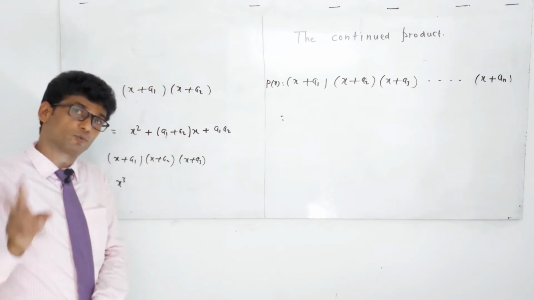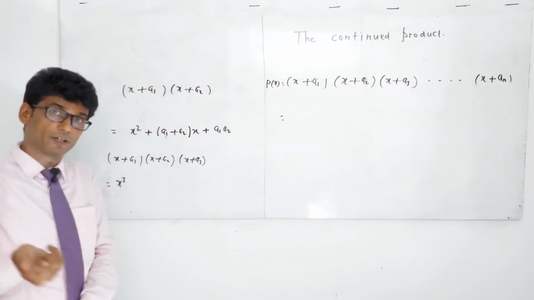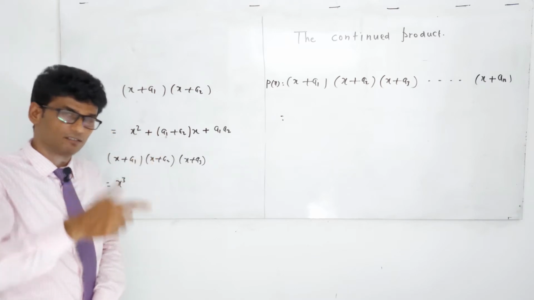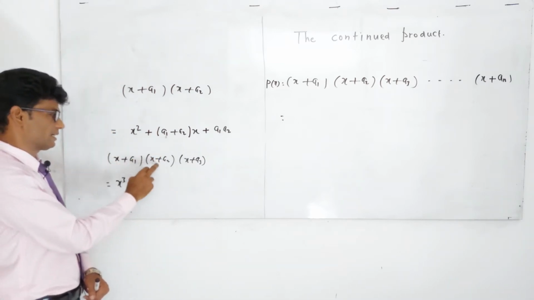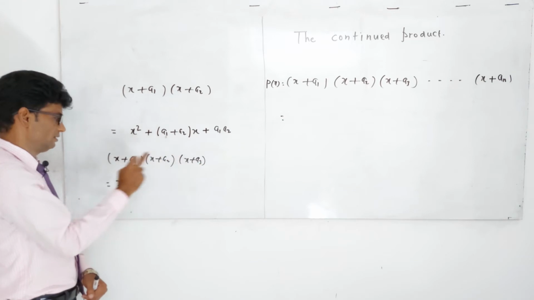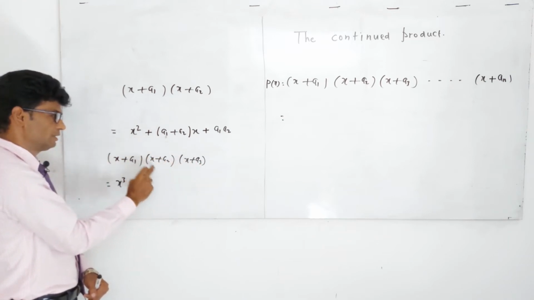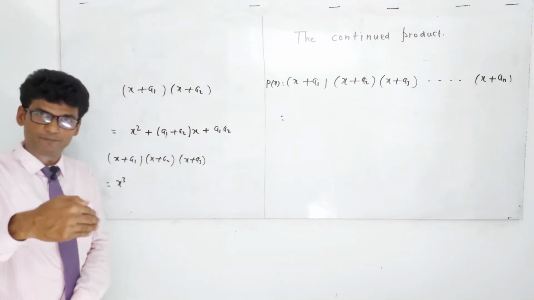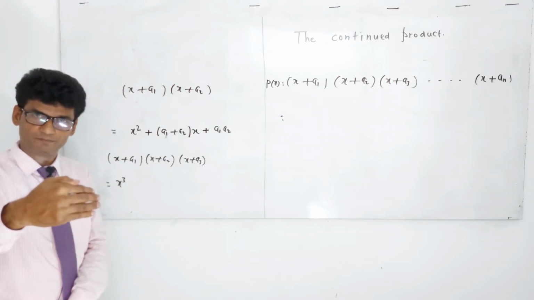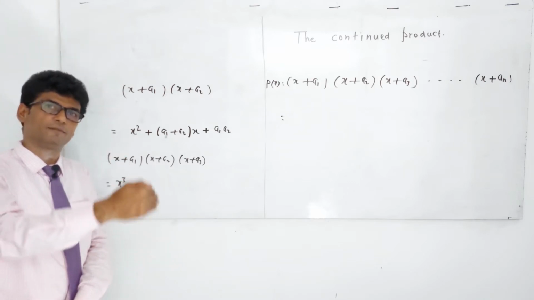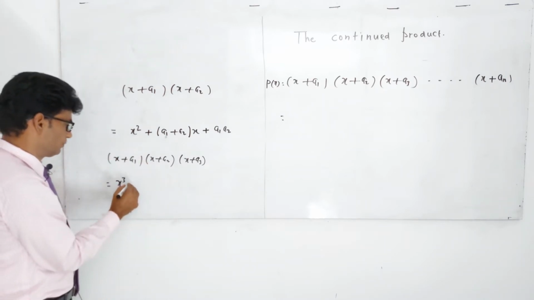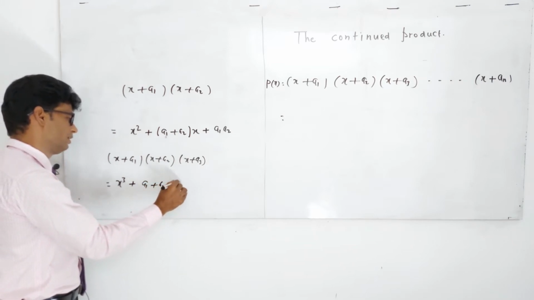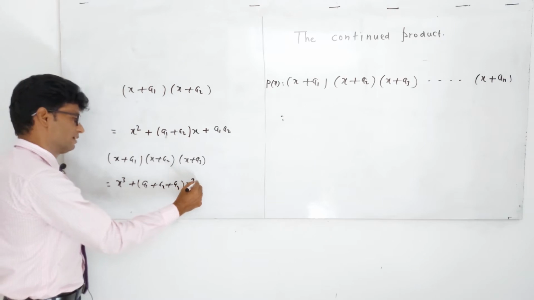Take x from 2 factors and the number from the remaining one. So x x a3, x x a2, x x a1. Definitely x square is common in all three multiplications. So it becomes a1 plus a2 plus a3 into x square.